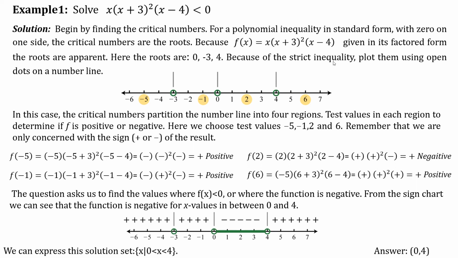Because it is a strict inequality, we plot them using open dots on a number line. So in this case, the critical numbers partition the number line into 4 regions.